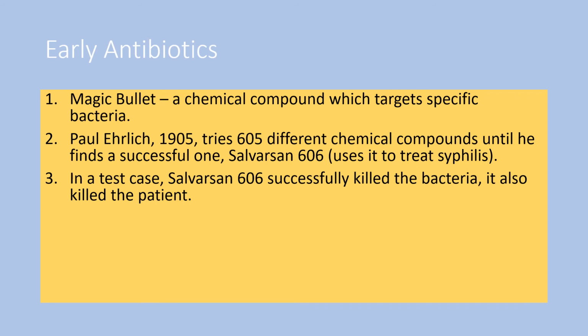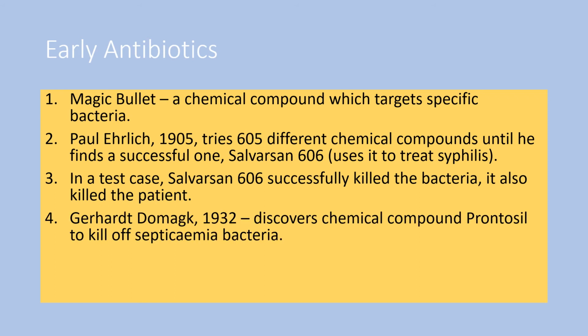Back to the drawing board, it seems. But nonetheless, the theory is there. Can chemicals be used to target specific bacteria? Yes, they can. Can chemicals be used to target specific bacteria and also keep the patient alive at the same time? Let's hope so.